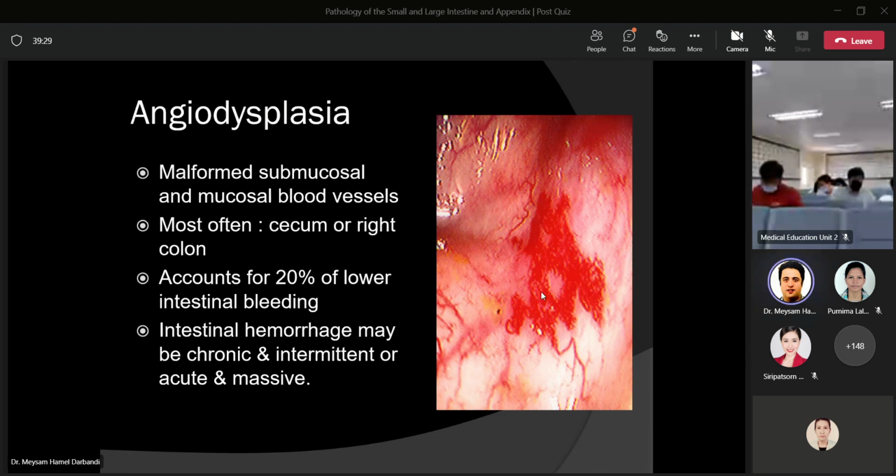What's the definition of angiodysplasia? She's correct, she just got confused. So malformed submucosal vessels, and you want to answer? Okay, go.